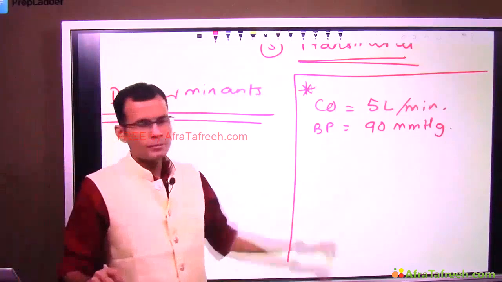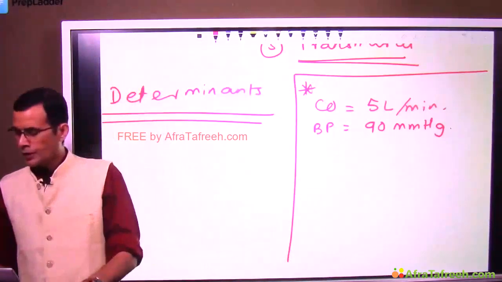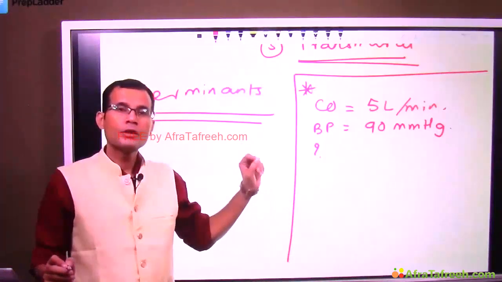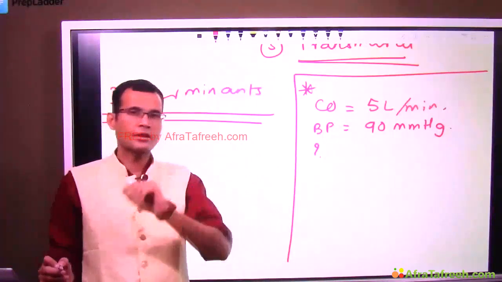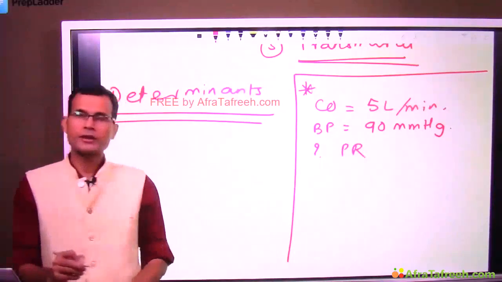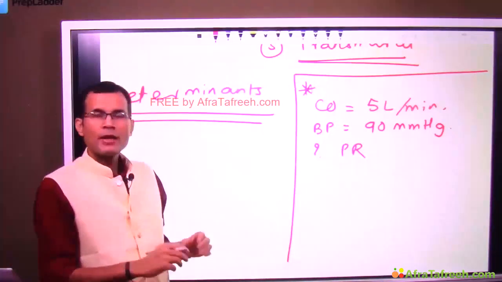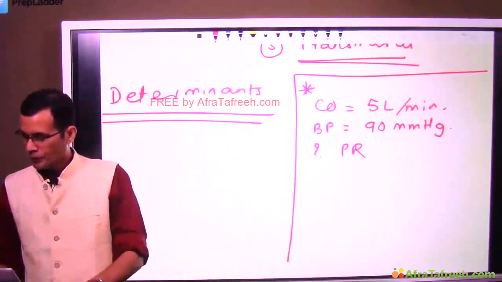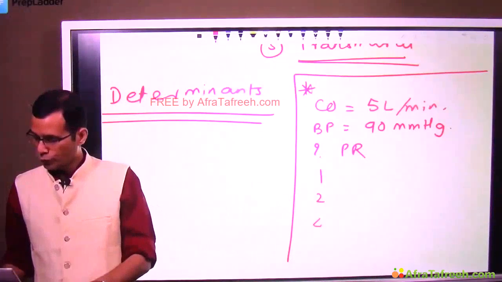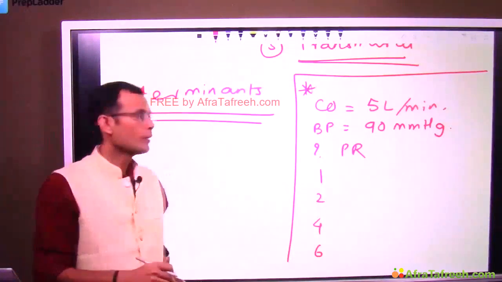Let's take it as the mean arterial blood pressure. How much will be the peripheral resistance in this man? How much will be the peripheral resistance? And the options given are 1, 2, 4, 6.